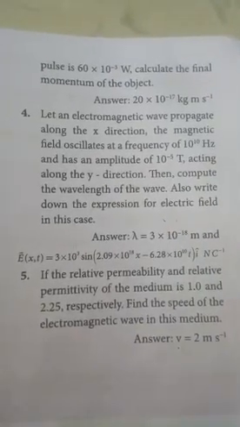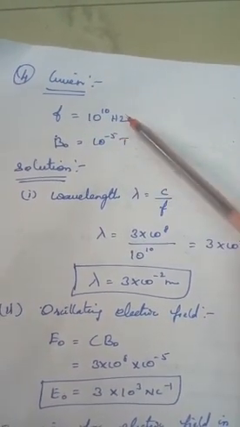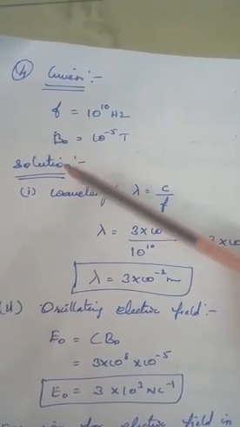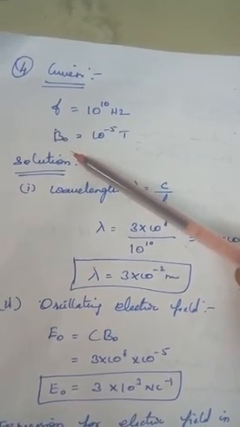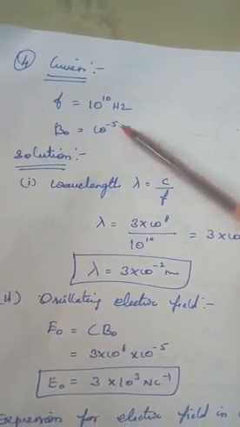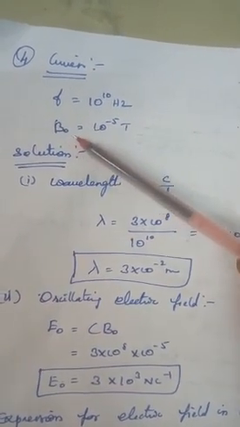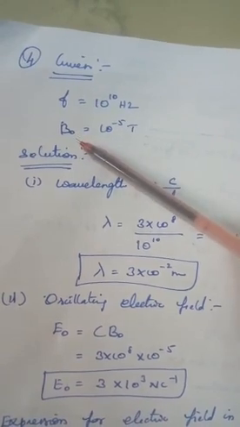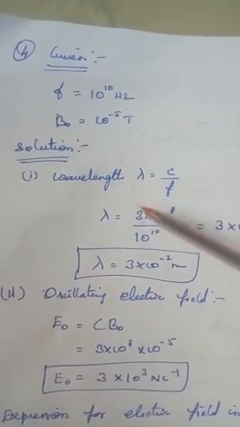Let's see the solution. Here the given value is frequency f is equal to 10 to the power 10 Hertz, and also the amplitude of the magnetic field, that is B naught is equal to 10 to the power minus 5 Tesla, is given. Here the amplitude represents the maximum value, that is why we represent it as B naught. Then the solution: first we have to find out the wavelength.